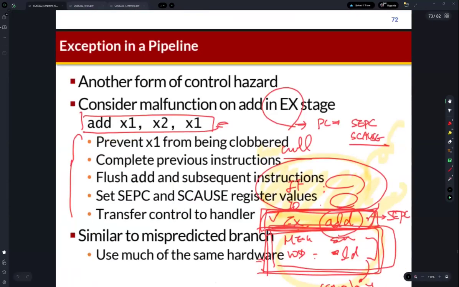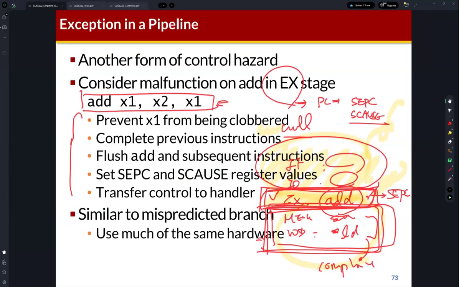When an exception is detected, the previous instructions need to be completed, right? And then the current instruction that encounters the exception and the following instructions need to be flushed, right? It's cancelled. Okay, that's what we learned in the previous class.